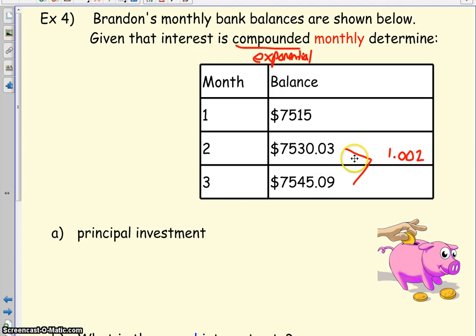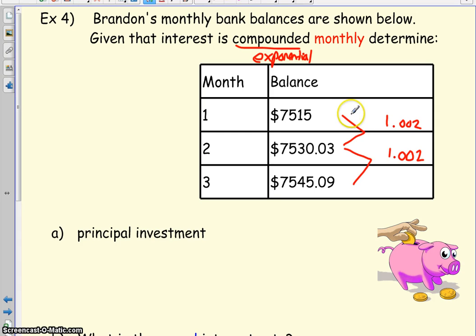Okay, so now let's see if it's the exact same thing as we go down from month 2 to month 1. And it should be, because it's compound interest, but we should always double check just to make sure we're on the right track. So we go 7,530.03, and we divide that by 7,515. And again, you wind up with 1.002. So that's our constant ratio here.